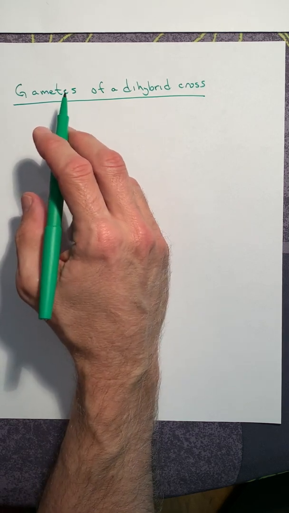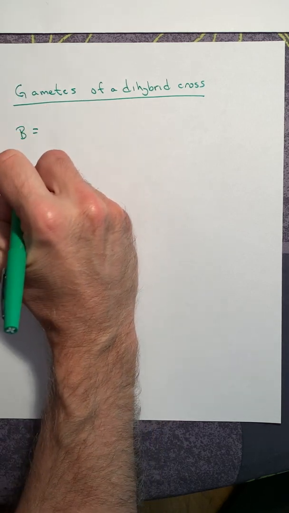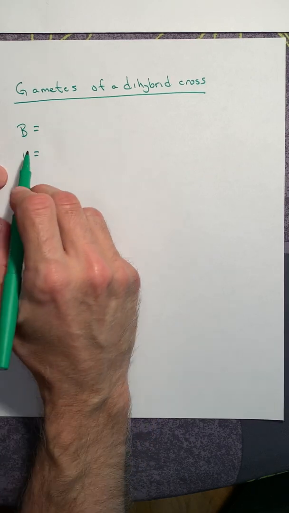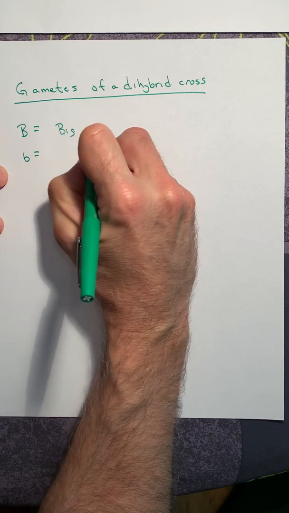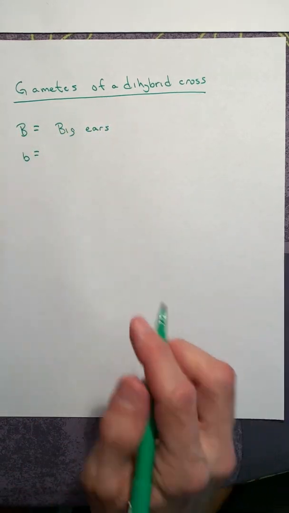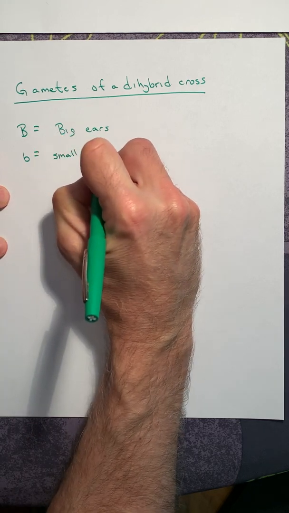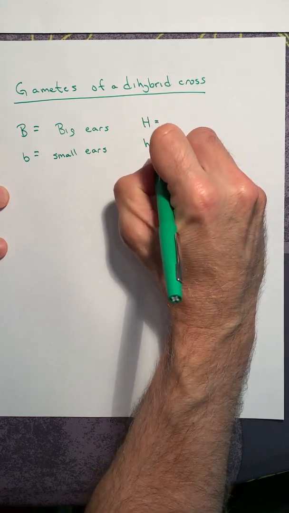So let's take, for instance, let's do a big B and a small b. Again, don't forget to drop this into your Cornell notes. And let's say that the big B allele is for big ears. And again, I'm just making this up. I'm just trying to pick some silly characteristic that's fun. And so then little b would be small ears. Cool. And then let's talk about hair. Hair is always fun to talk about.